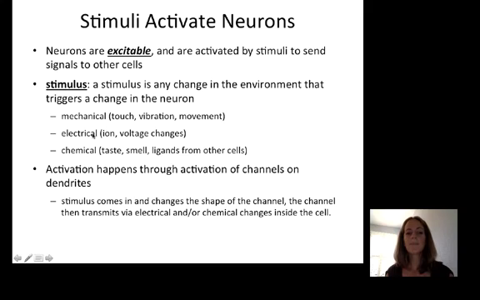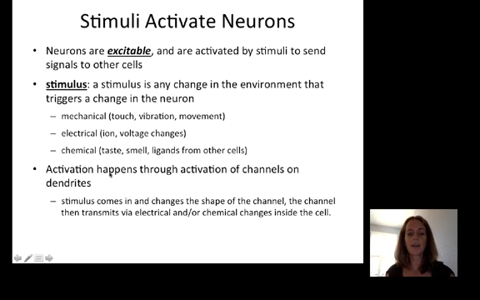Electrical stimuli through electrical receptors, these are generally sensitive to ion changes or voltage changes. We'll get into how voltage is measured. Chemical changes, which are often used by taste or smell, or ligands from other cells. So for chemical changes, you may want to go back and review the cell communication lecture.